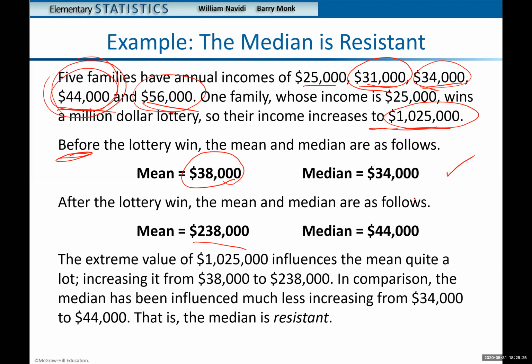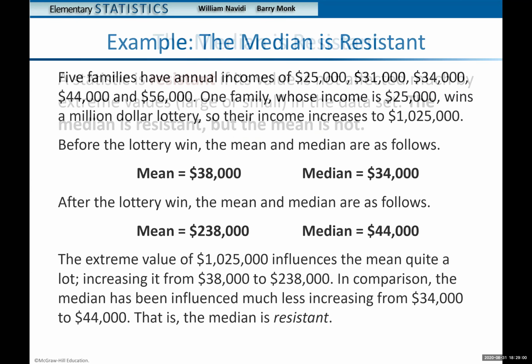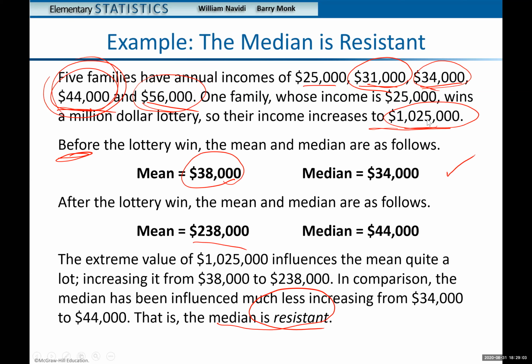When you compare the median, from 34,000 to 44,000, that's why the median is considered resistant. So don't forget, that's why I asked you to copy the definition of resistant, not affected much by the extreme values. So median is not affected much, even though there's a big income here of 1,025,000.